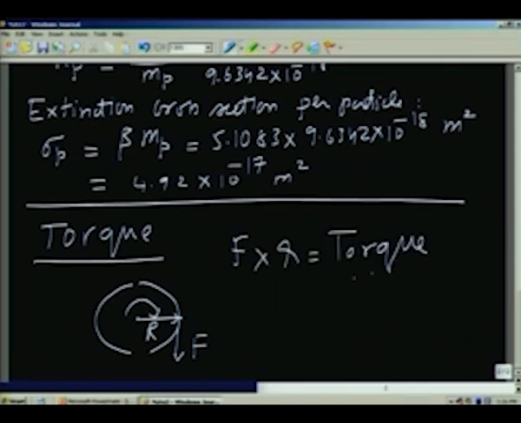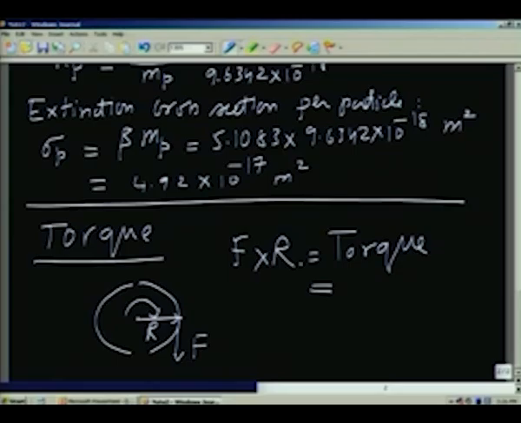This is basically the definition of the torque. The force applied on a rotating shaft, for example, if the force is applied with a moment arm, R is the moment arm, so the product of F and R is actually the torque.